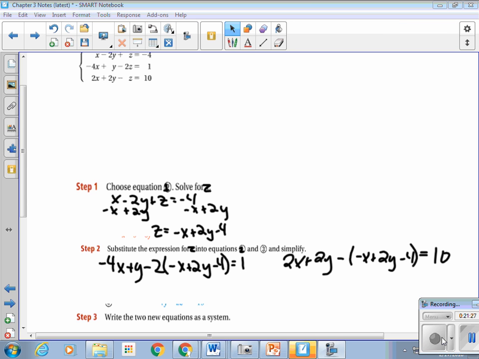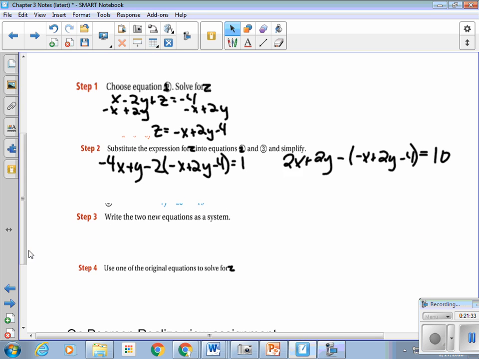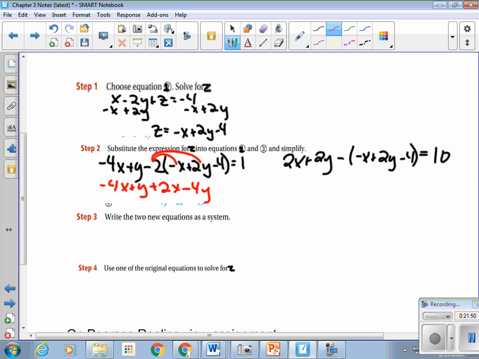So now we're going to take those two equations and simplify them. Negative 4x plus y minus negative 2 times negative x is positive 2x. Negative 2 times 2y is negative 4y. Negative 2 times negative 4 is positive 8, and that equals 1. We are going to combine like terms.